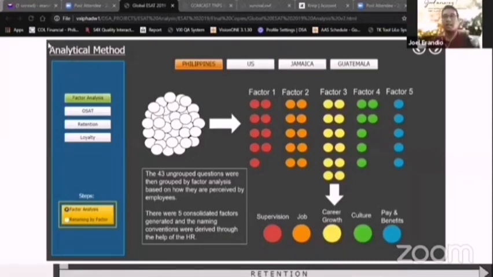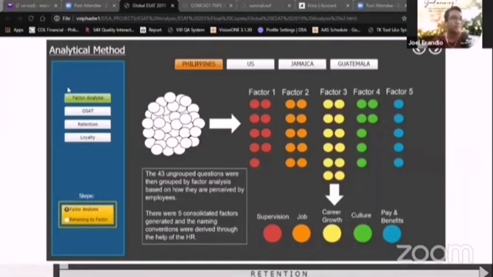Again, in the case of satisfaction, or actually this is also applicable not just to employee satisfaction, it is also applicable to social science research. So what we did here is, from the set of questionnaires, the usual ones available, we also have structured questionnaires to determine the satisfaction of the employees.